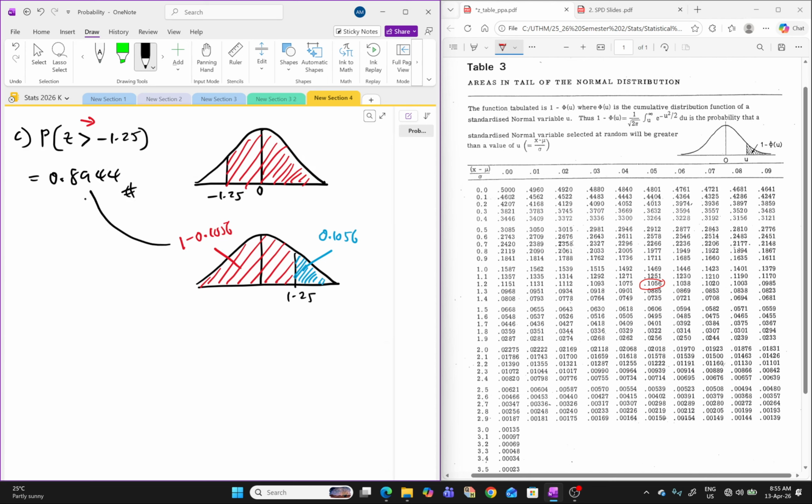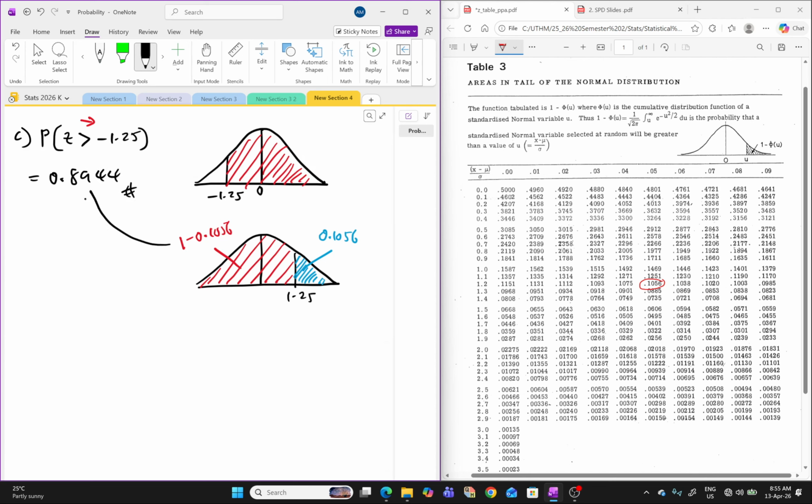Okay. For D, I want you to try first. For D, probability of 0.5 to 2.5.